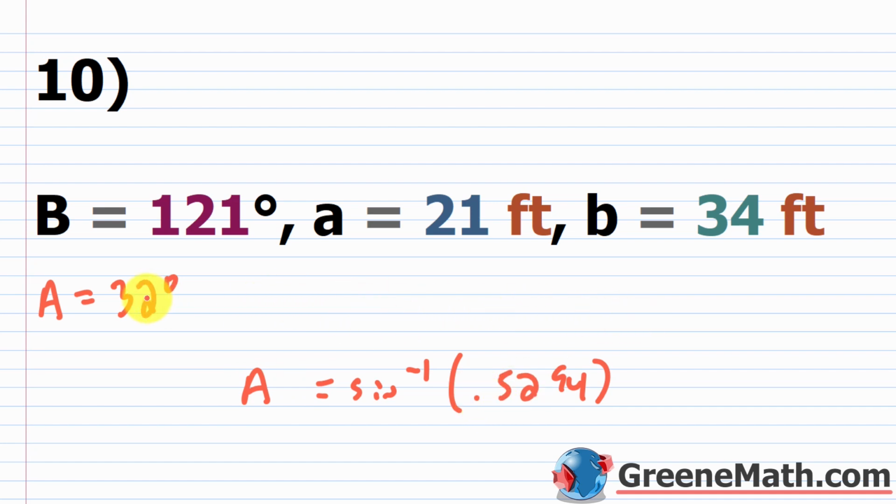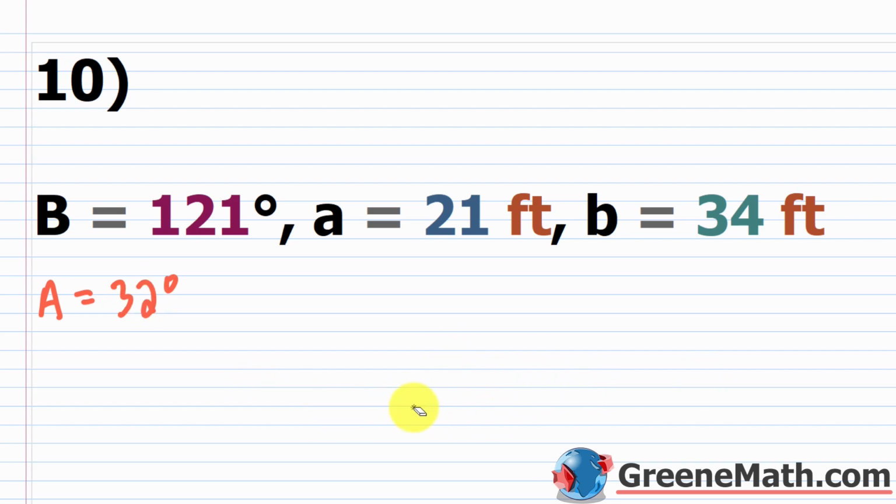Again, we should get about 32 degrees. It's not exactly the same, but it's very, very close. I get 31.9649. It's a little bit different than the other one because with the other one, you get a more accurate answer because you were typing everything in, versus this one where you're cutting a lot of stuff off. But either way, if you're rounding to the nearest tenth, you get about 32 degrees. So let's just keep that answer there.